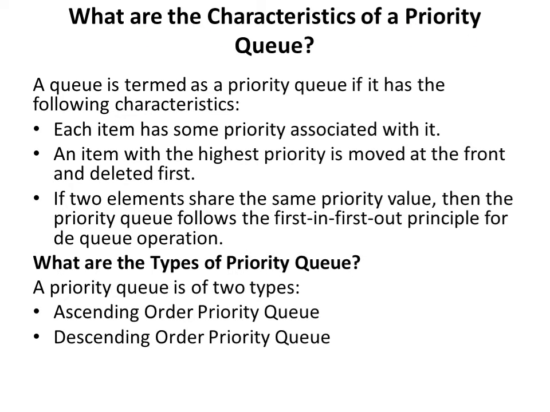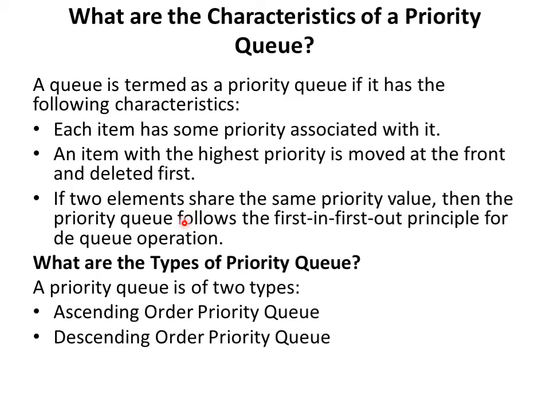What are the characteristics of priority queues? A queue is termed a priority queue if it has the following characteristics. Each item has some priority associated with it. An item with the highest priority is moved to the front and deleted first. If two elements share the same priority value, then the priority queue follows the first in, first out principle for DQ operations.